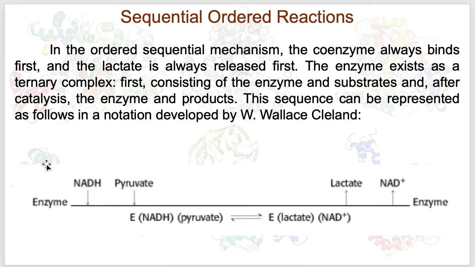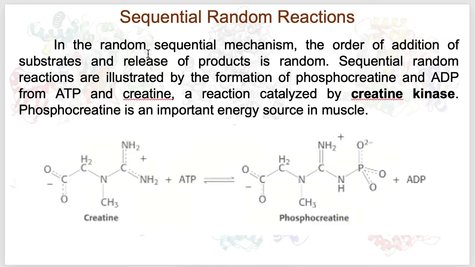First the NADH binds with the enzyme and activates the binding site of the pyruvate, so pyruvate can now bind. Then first the product lactate is released from the ternary complex, and finally the NAD is released. So this was about the sequential ordered reaction.